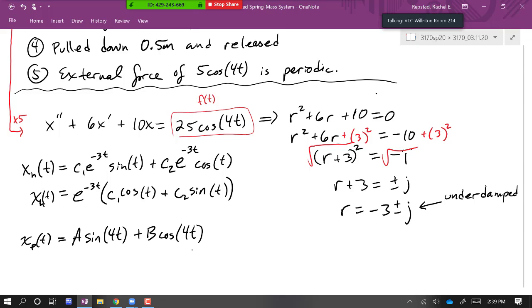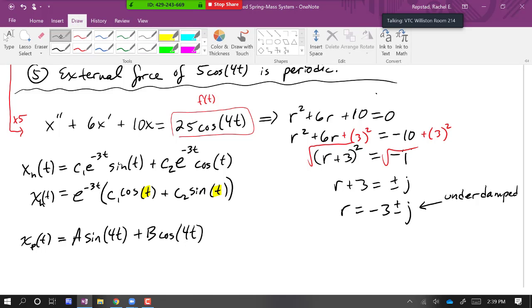We know that for two reasons. One, the arguments inside the functions are different, but even if they were the same, even if the arguments in the homogeneous were both 4t, it still wouldn't be just a straight up multiple because these have a factor of e to the negative 3t. So we don't have to worry about adding a factor of t.